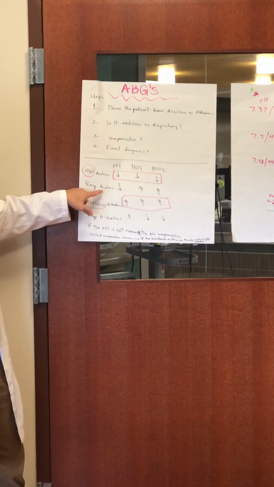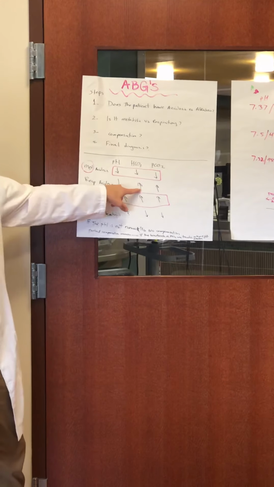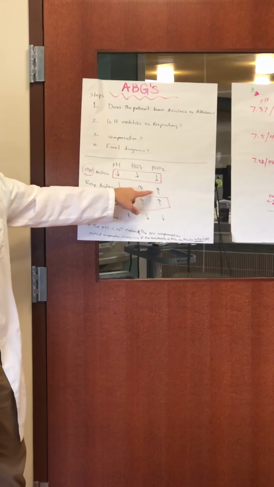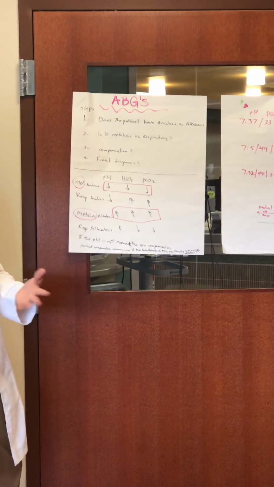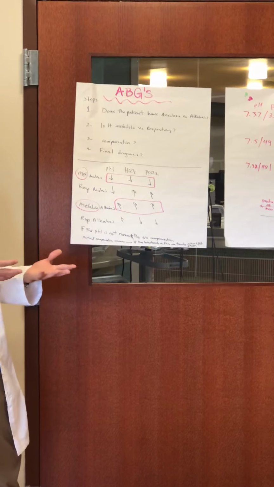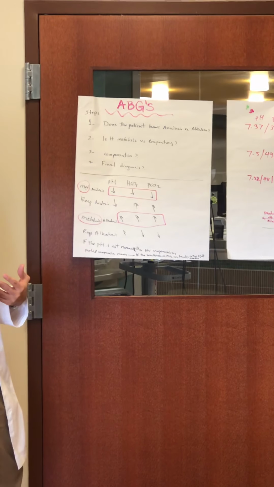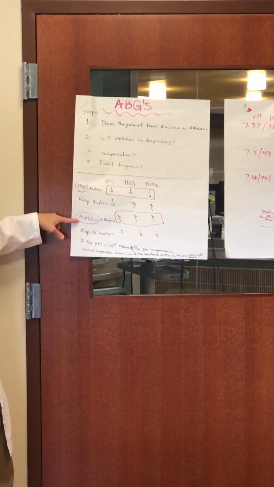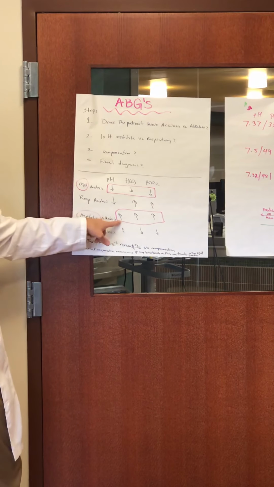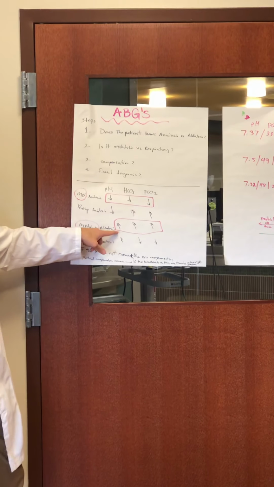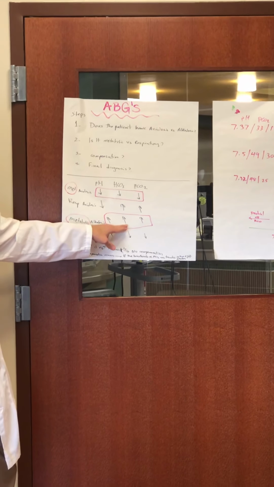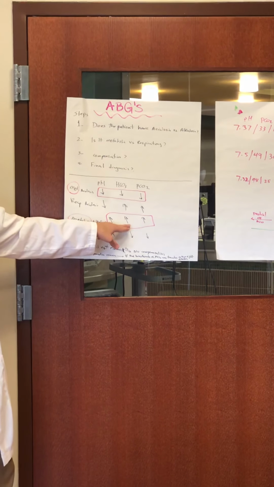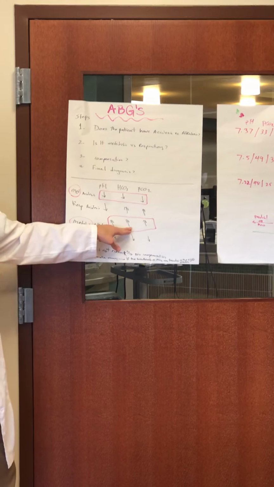For respiratory acidosis, your pH is low, your bicarbonate is up, and your carbon dioxide is up, and carbon dioxide, or CO2, is an acid. So if it's up, you have a respiratory acidosis. Moving on to metabolic alkalosis, your pH is obviously up because you have alkalosis. Your bicarbonate is up because it's metabolic, and when you have a lot of bicarbonate in your body, you will be alkalotic.